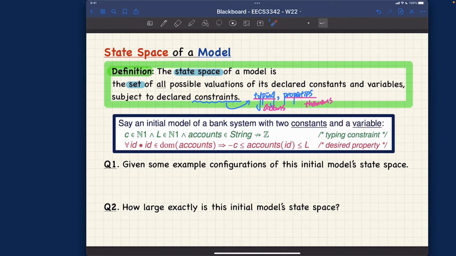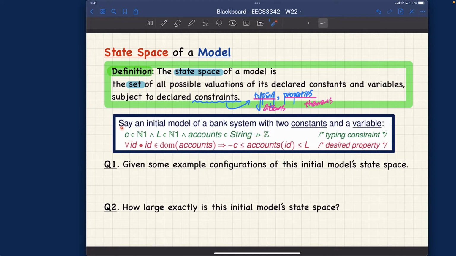Accounts is a member of the set of functions over here, partial functions specifically. So it's a partial function from ID, a string, into the balance of that particular account. And the reason that it's a partial function is because not necessarily every string will be a valid account ID in the current bank, right? That's a justification that we did also in the lecture for other examples, right?